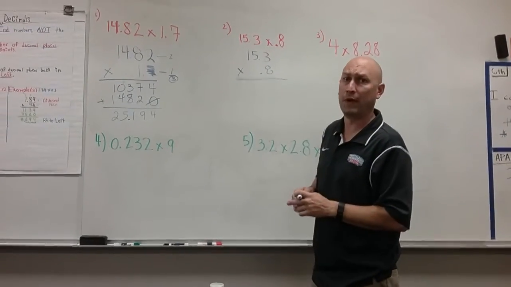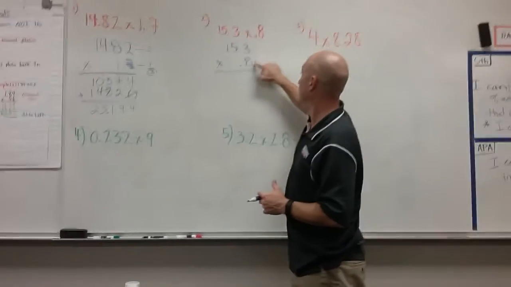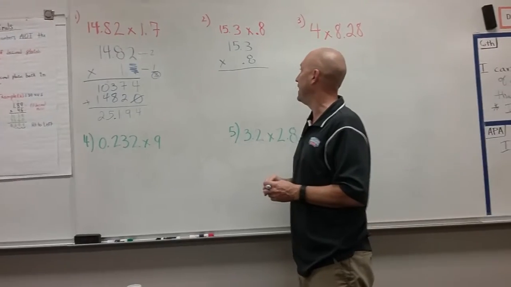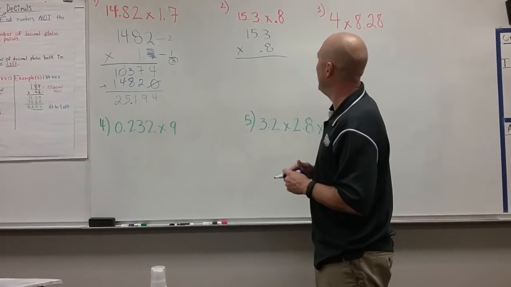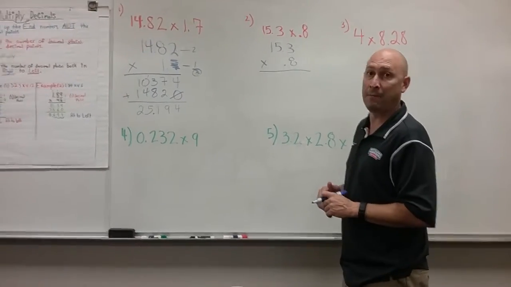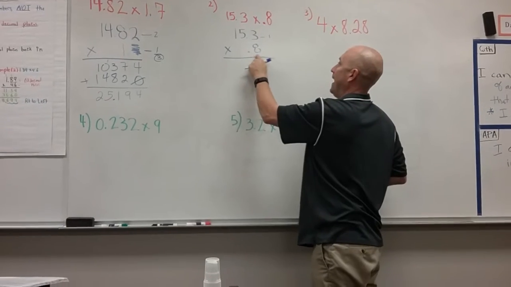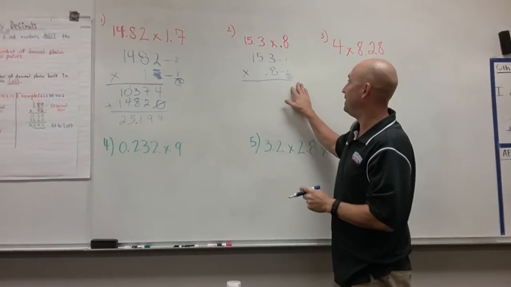I'm going to go ahead and do a quick estimate. 15.3 is about 15. 0.8 is about 1, and 15 times 1 is 15, so my answer should be relatively close to 15. Now I'm going to come out to the side and figure out how many decimal places I have. I have 1 here. I have 1 here, for a total of 2 that I'm going to put back in at the end.